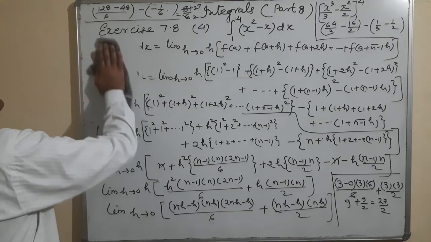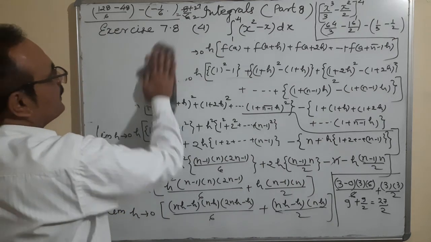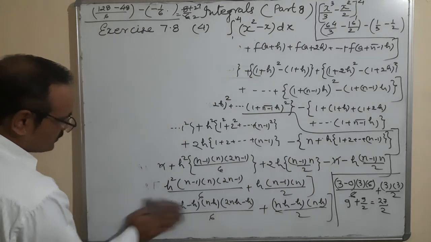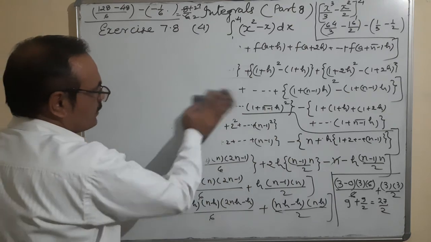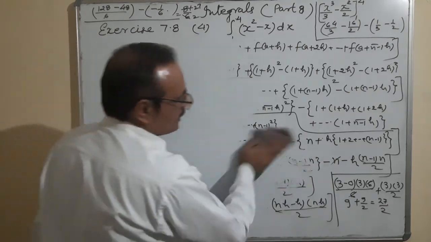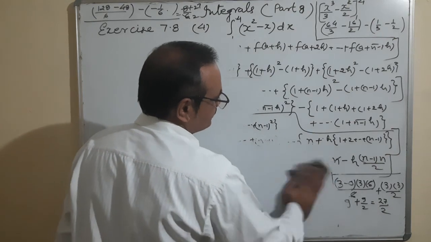My suggestion to everyone: when you solve the question, limit of the sums, after that you should cross check by using the fundamental formula for finding the integration. You verify yourself that your solution is correct.